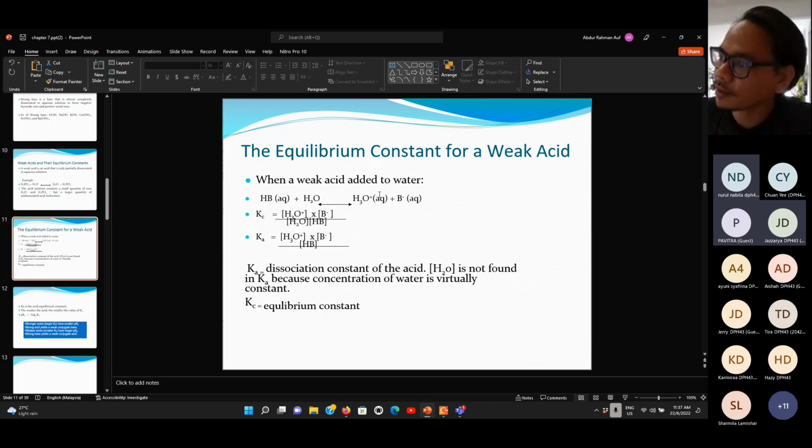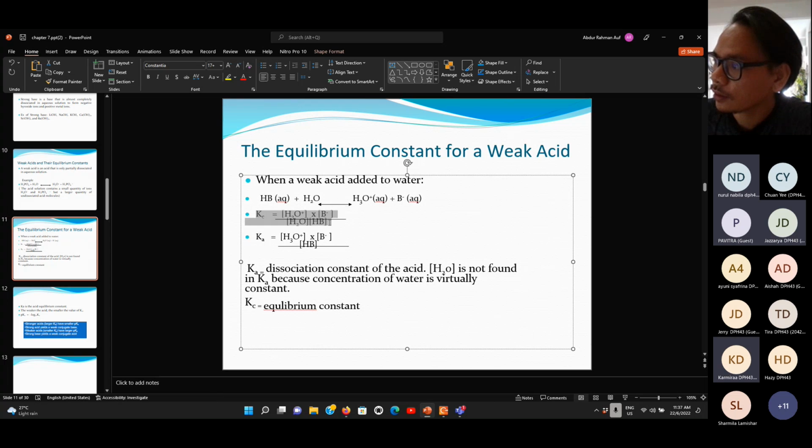This is how we determine sama ada that acid is weak ataupun strong. There's a chemical equation. So this is the formula yang kita guna. So there's a concentration untuk all of these species HB, H2O, H3O plus dan B minus. So kita isi dia punya concentration kat sini, cari a value of Kc dan Ka. So if the value is a certain amount, it is weak. If it's a certain amount, it is strong.